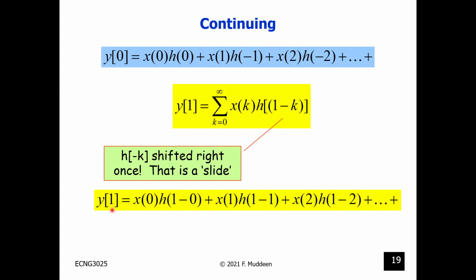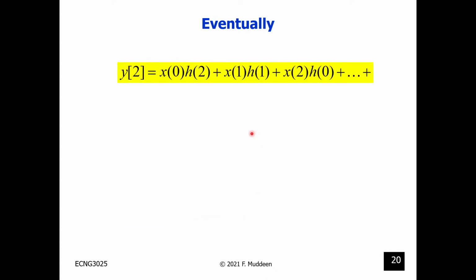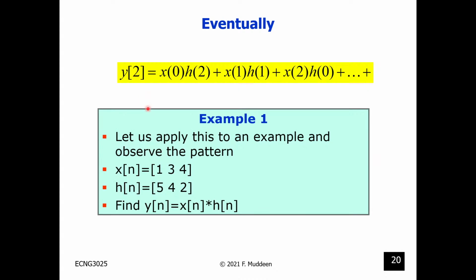So if we expand this, we'll get y of 1 here being x naught, h of 1 minus naught, x1, h of 1 minus 1, and so forth. And we keep on going. Eventually we could evaluate for y2, y3, and y4, and so forth, which is going to be a very long way to try and evaluate it.